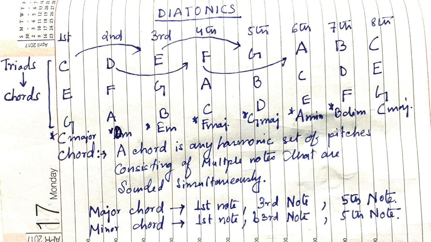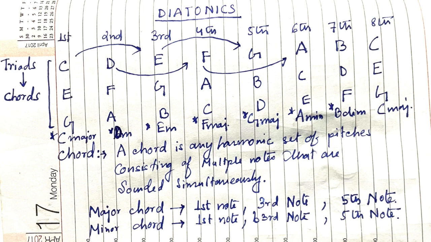Now, coming to the D note. If you derive the D major scale by the formula that we have already developed, you will find the third note as F sharp.